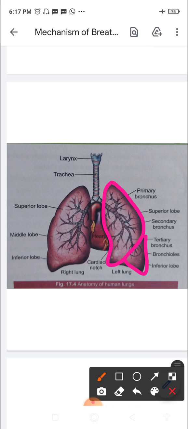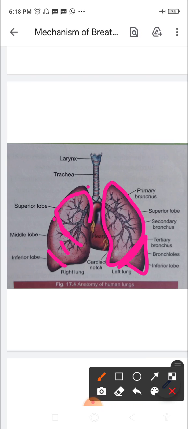This division is done by just a single fissure. Coming to the right lung, it is subdivided by two fissures. So you can see here this part is the superior lobe, then the middle part is the middle lobe, and then the inferior lobe.